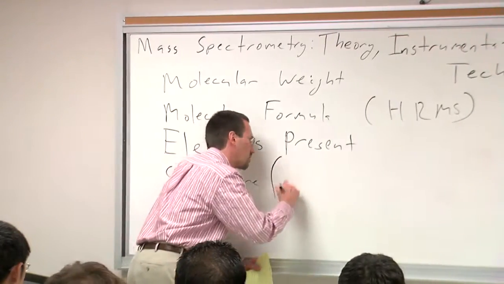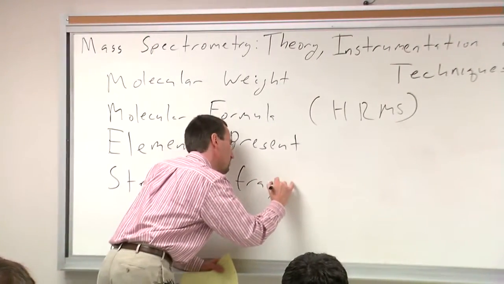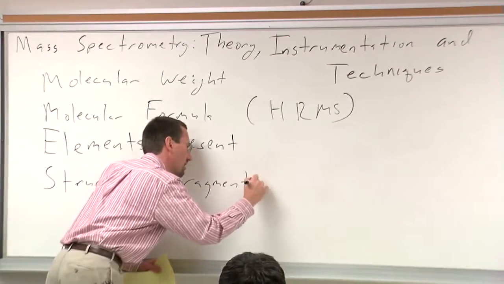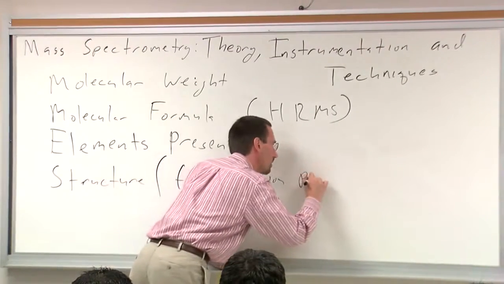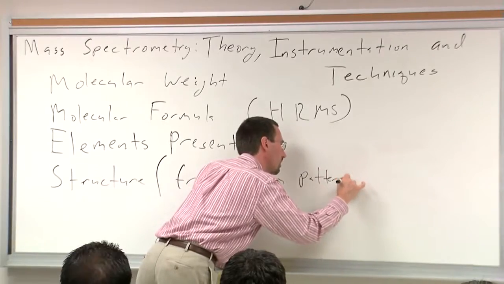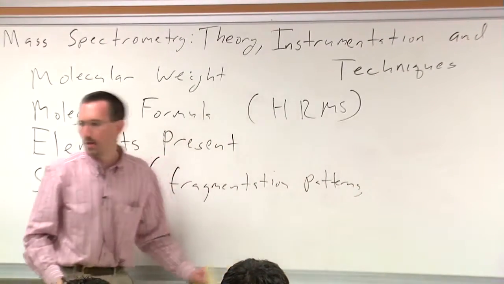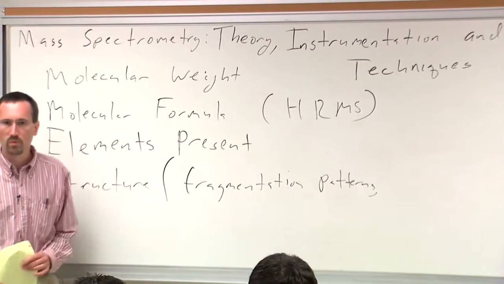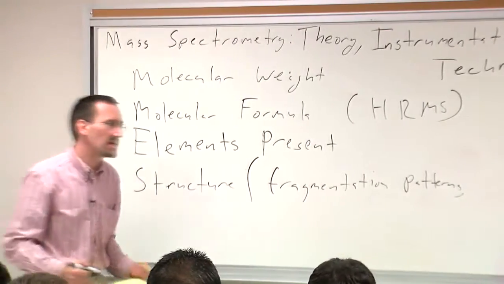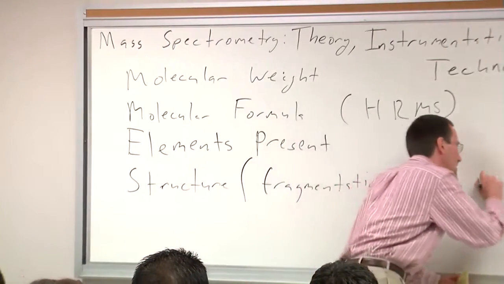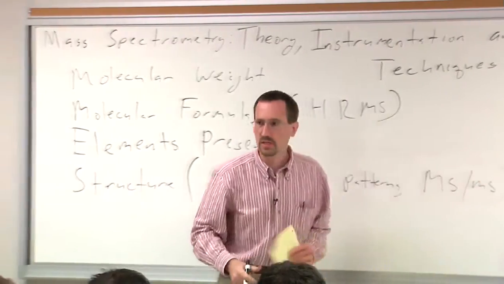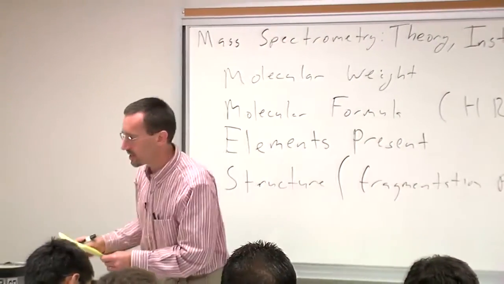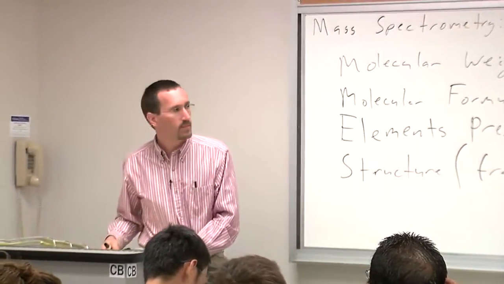You can get structure through fragmentation patterns, which, as I said, we'll be talking about a little bit on our third lecture. And in biomolecular cases, through techniques like MSMS, where you're actually taking ions and deliberately bashing into them and smashing them and seeing how they break up.